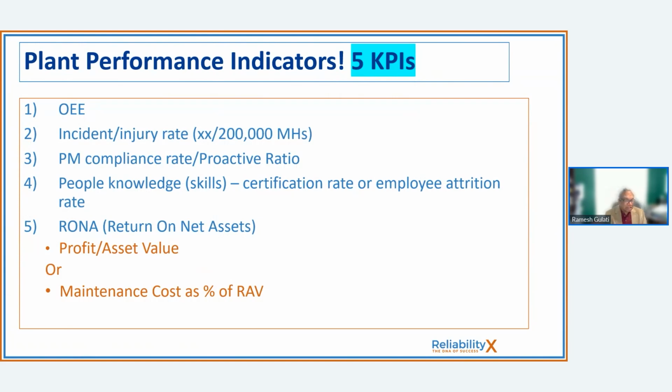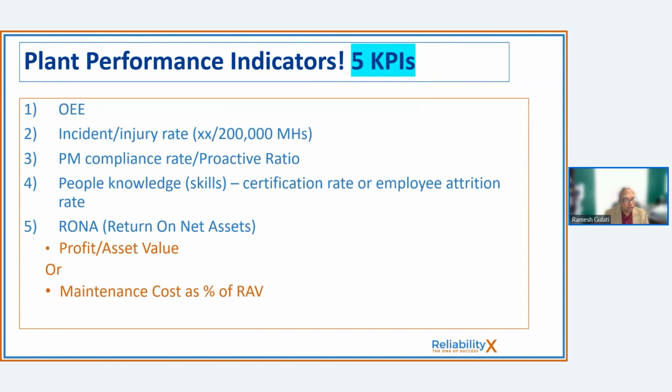The industry standard, if you have a good reliability program going, is between 3 to 4%. If it is much higher, that plant may not be that efficient or reliable. PM compliance rate should be around the 85 to 90% range.